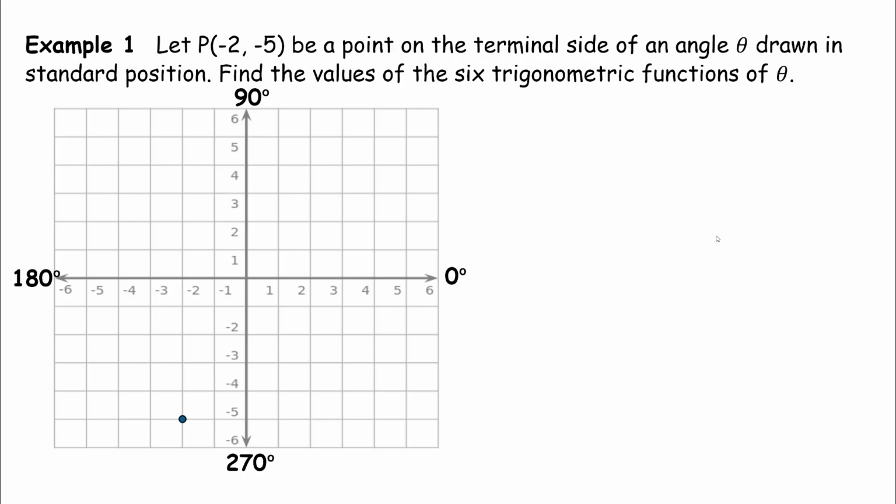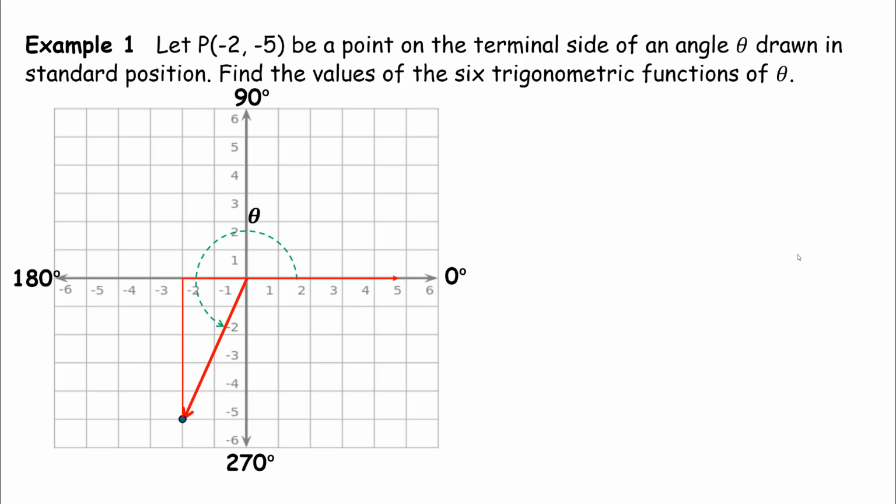So remember, an angle in standard position has its initial side on the positive x-axis, and then you rotate around in the counterclockwise direction until you get to the terminal side, which in this case they want to go through the point (-2, -5), and that's what we have here. So we have this angle, it's obtuse, obviously can't fit in a triangle, but we can draw a triangle, and we do that by dropping an altitude to the x-axis.